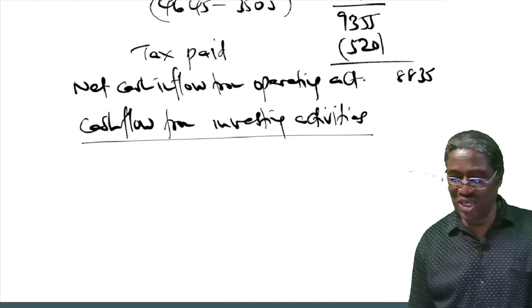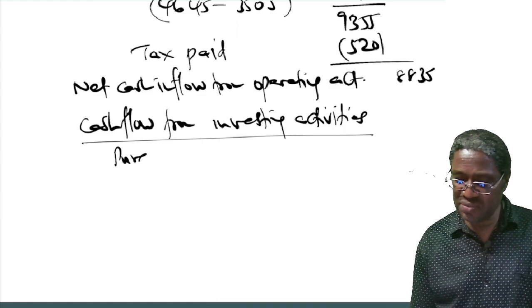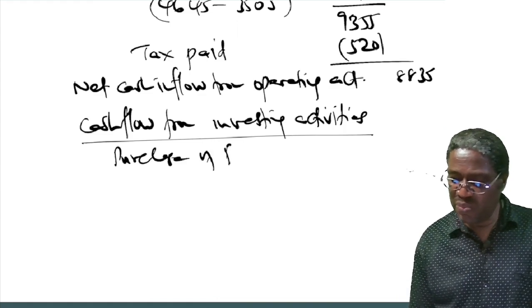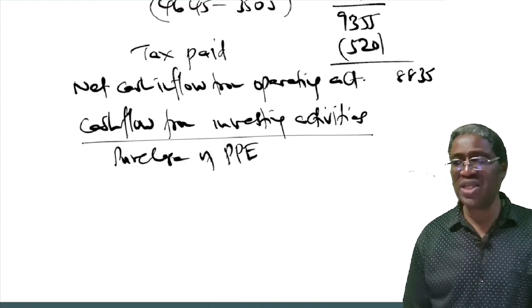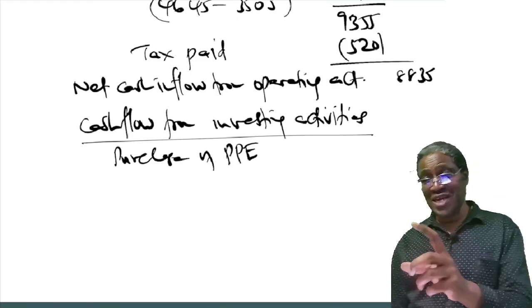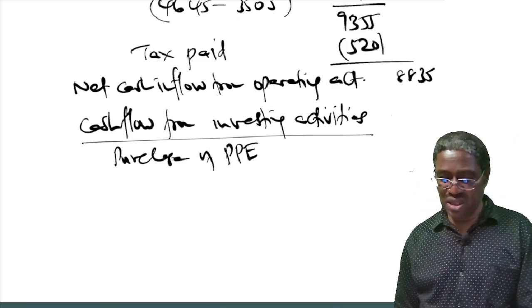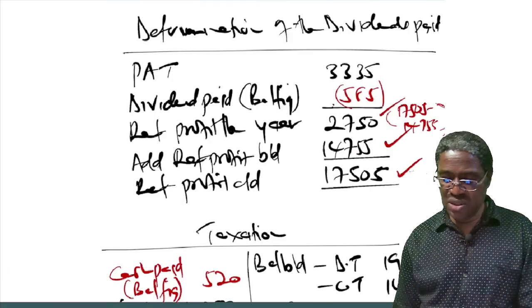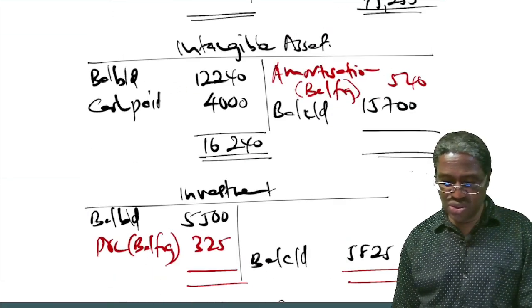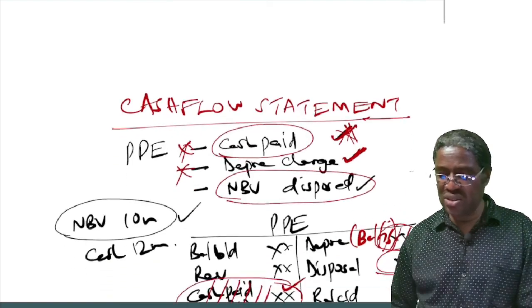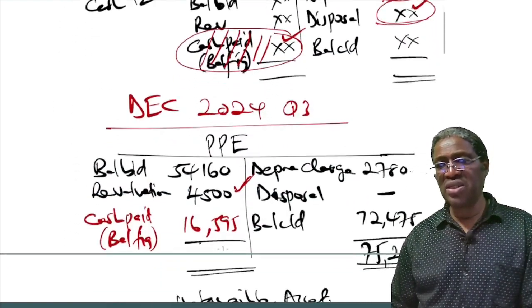Let's even identify it. Purchase of PPE. We prepared the account called property, plant, and equipment, and we used it to determine the cash paid to acquire new ones. It was the first workings. Let's go back to where we did the workings. I can see it here now.